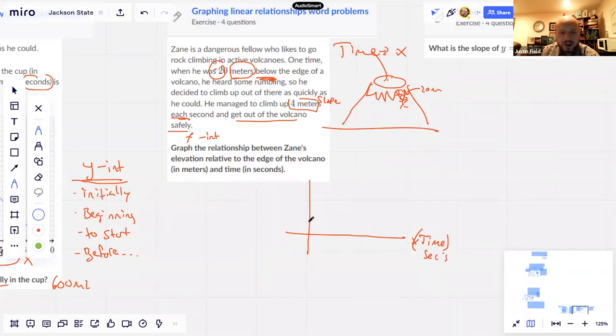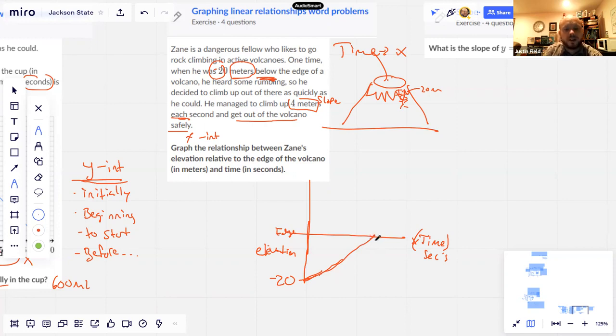All right, so Zane is below the edge of the volcano. So below is negative, above is positive, and he is climbing up. Over time, his elevation, that's what is on the y-axis, is increasing. It's getting closer to 0, which is the edge of the volcano, right? When he gets to 0, that's the edge. And his slope is increasing at 4 meters per second.